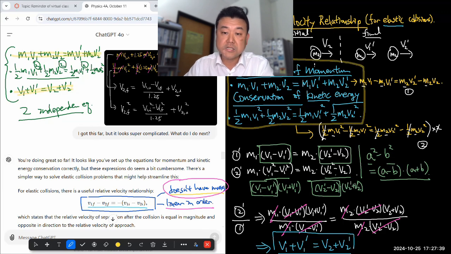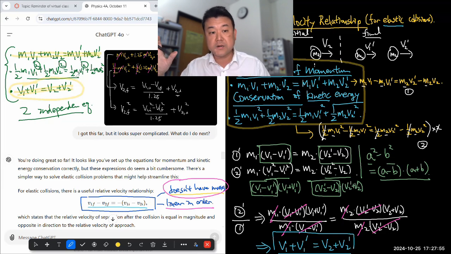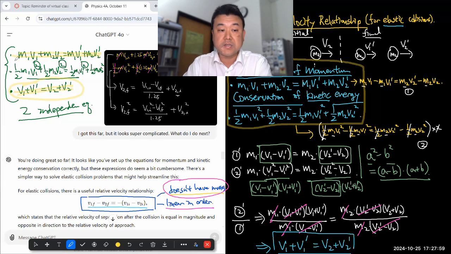So without explicitly using conservation of kinetic energy, using this in conjunction with the conservation of momentum already puts in the information that's coming from conservation of kinetic energy. And in doing this algebra, I never have to square anything. Everything remains linear.